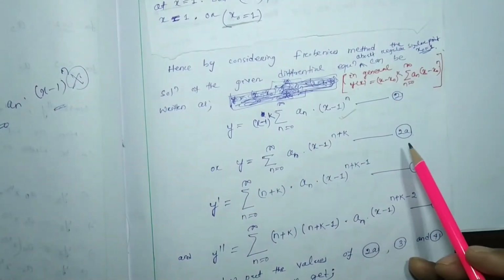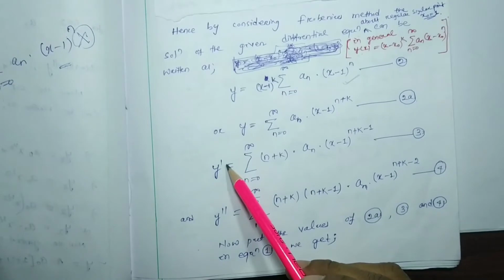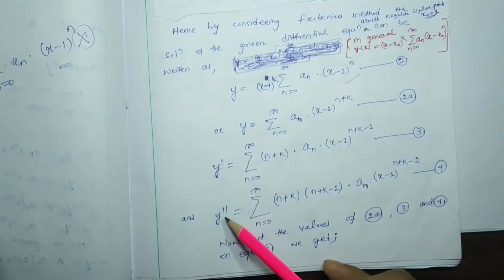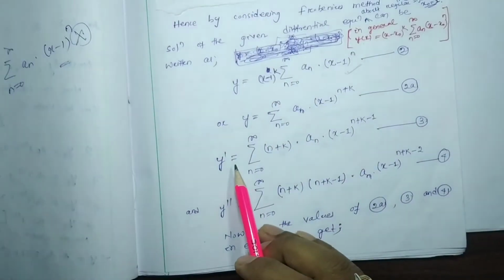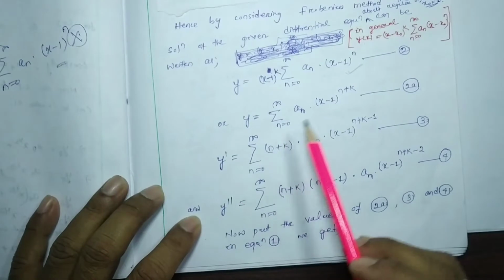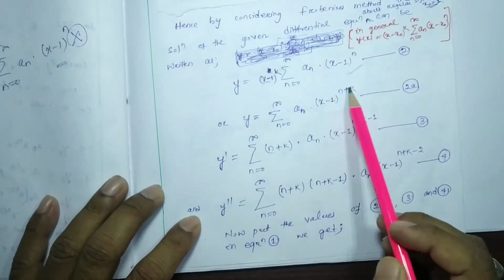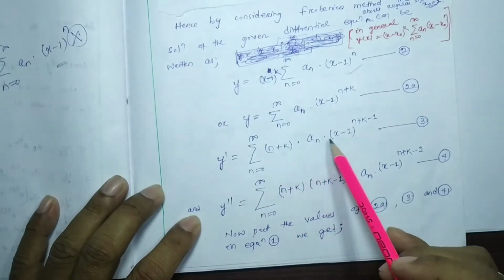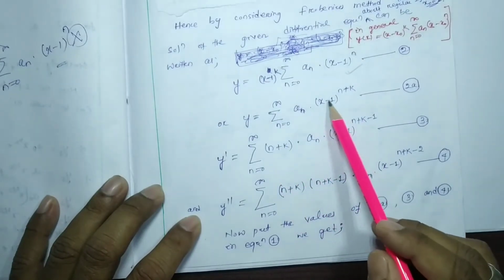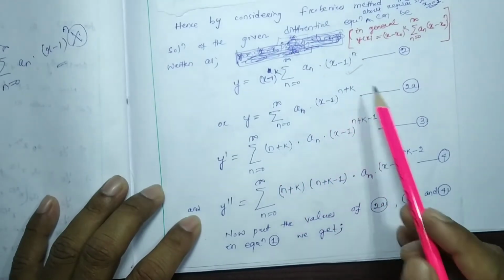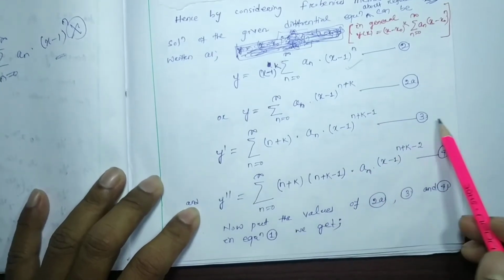Now we are going to find y dash, y double dash and substitute in equation number 1. If we find y dash, it will be summation of (n plus k) into an into (x minus 1) to the power n plus k minus 1, since n plus k is the power. Let it be equation number 3.